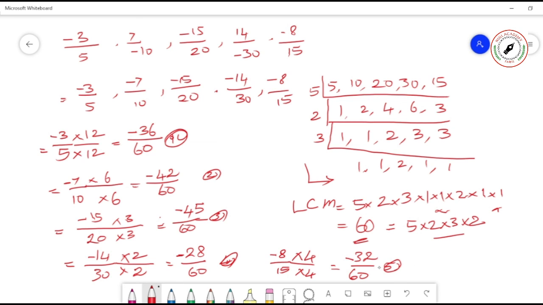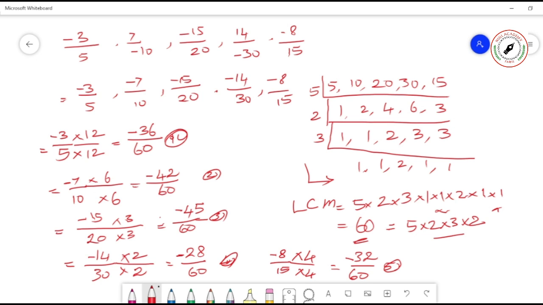Now you tell me which one is bigger. All are minus, you know. Yes, all are minus. The smallest number is the biggest number in this case. You have to write it in ascending order. Minus 28 is the biggest number.